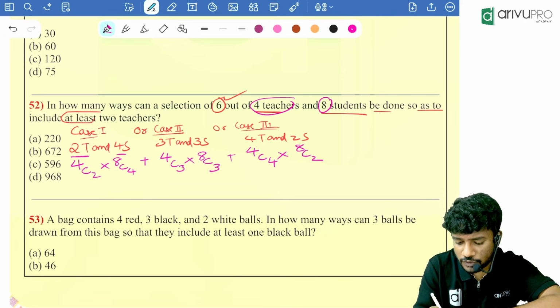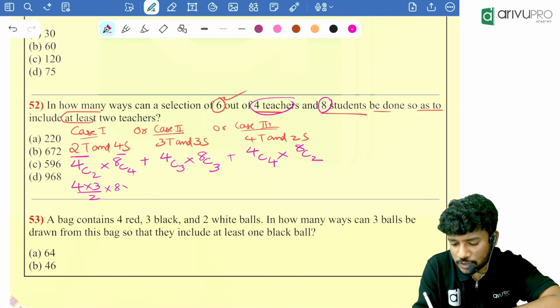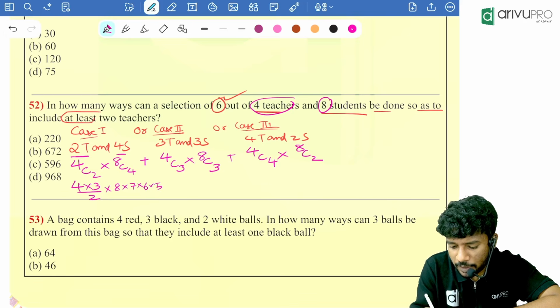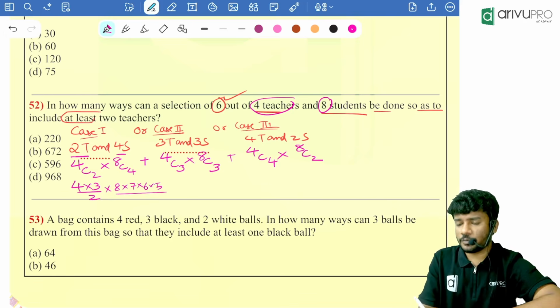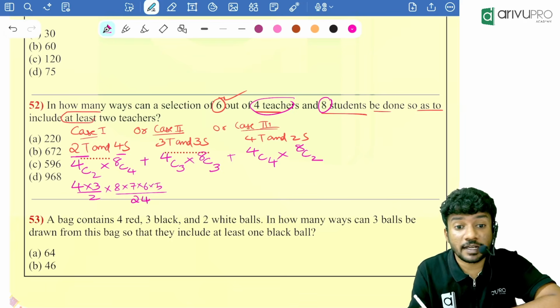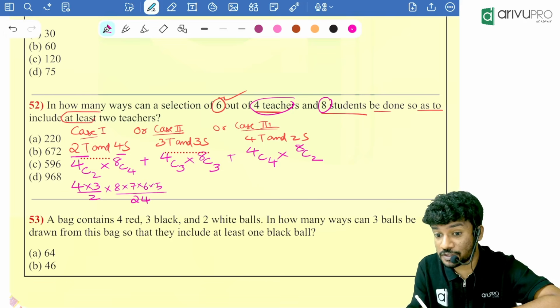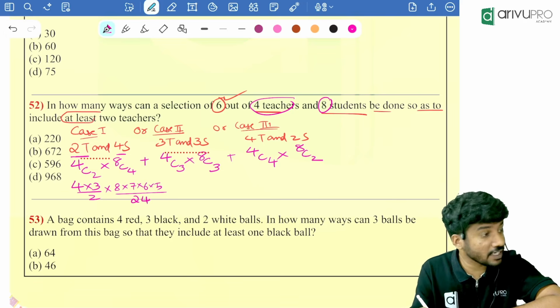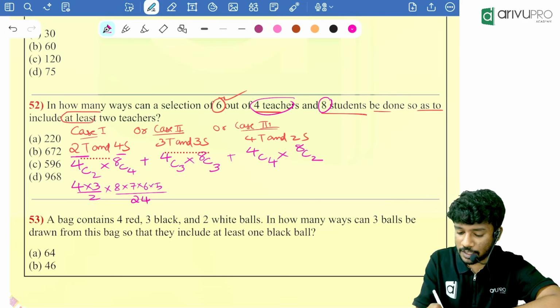4C2. How will you write 4C2? 4 into 3 divided by 2. 8C4 is 8 into 7 into 6 into 5 divided by 4 factorial, which is 24. Many people randomly write it as 4; don't make that mistake. It is divided by 4 factorial, so divided by 24.